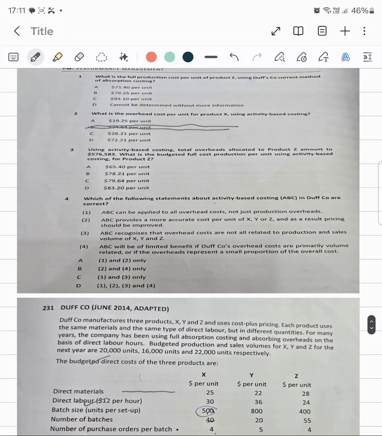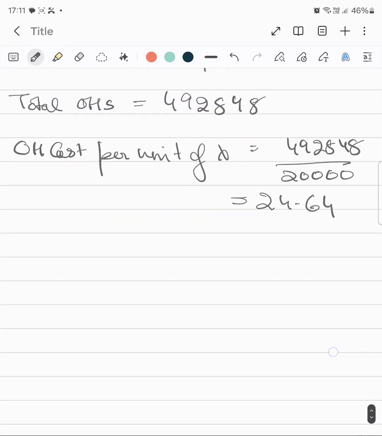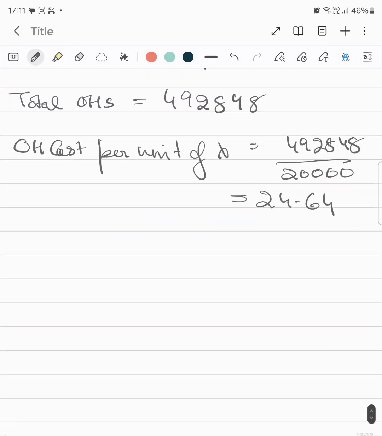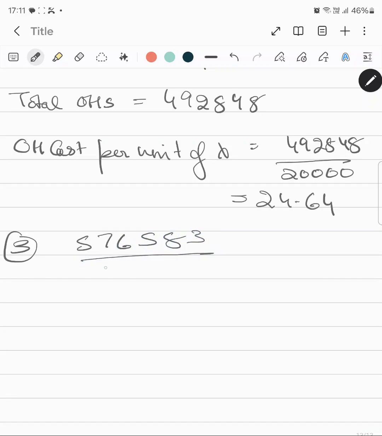Okay, I just need to calculate the per unit cost. So in the question, it had given me that the total cost is 576,583. Now I will divide this by 22,000. It will give me 26.2.